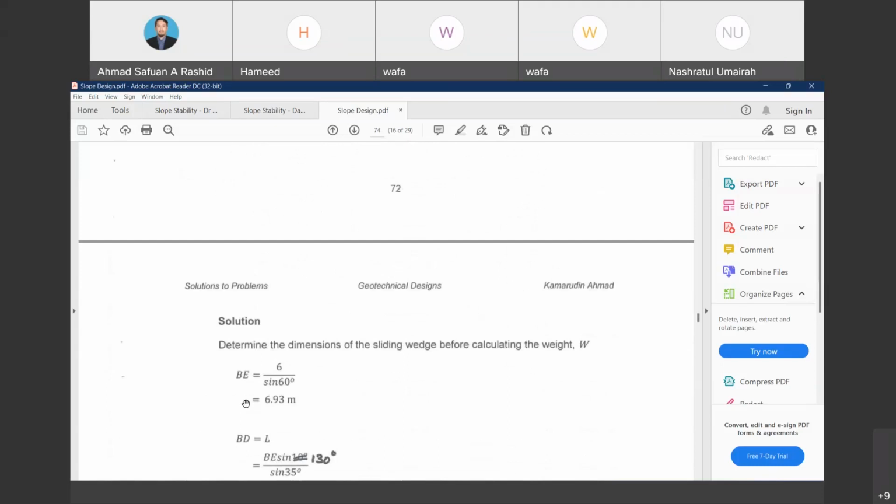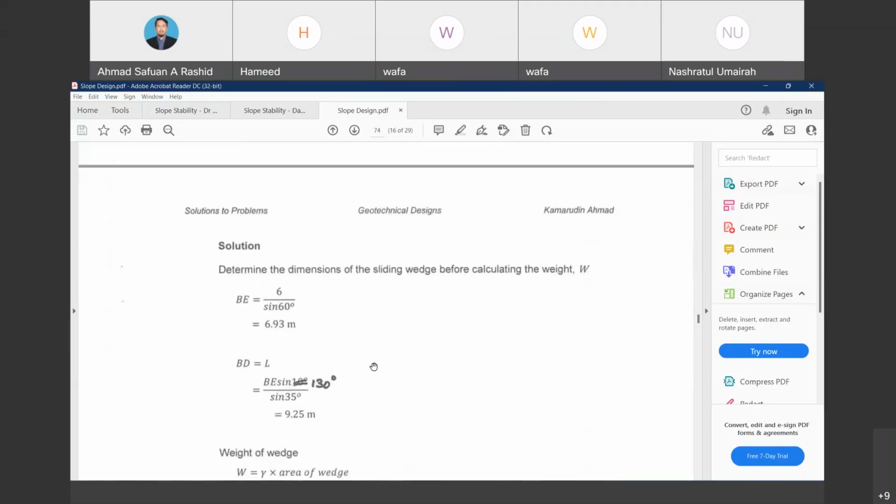So it is a simple trigonometry method, where we determine the value, then we obtain 6.93.